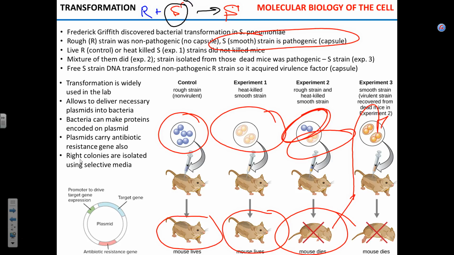Initially, Griffith thought that the pathogenicity was transferred by proteins. But eventually it was demonstrated that it was DNA that conferred the genes of pathogenicity to the non-pathogenic strain. Essentially, what happened?